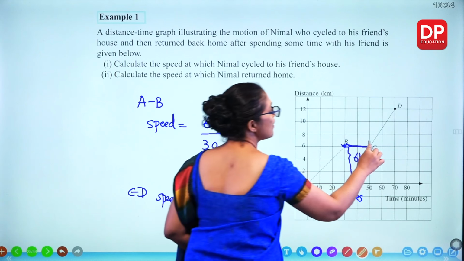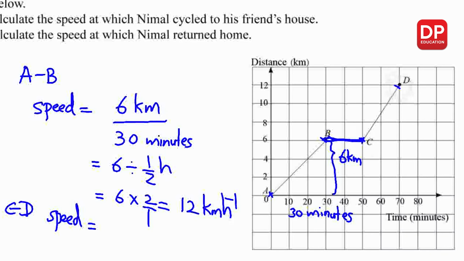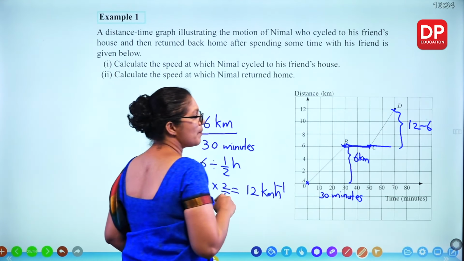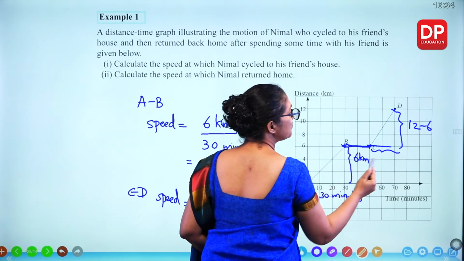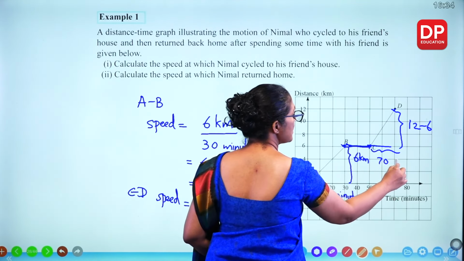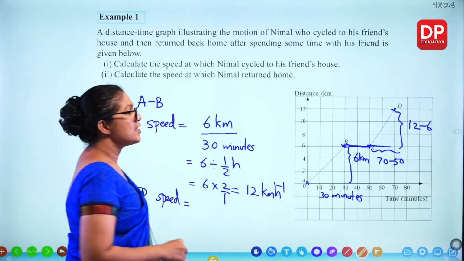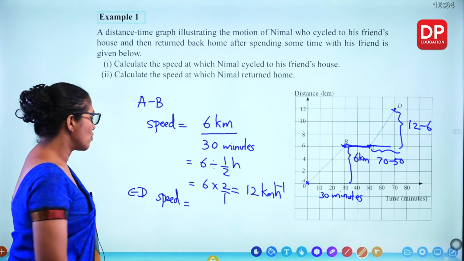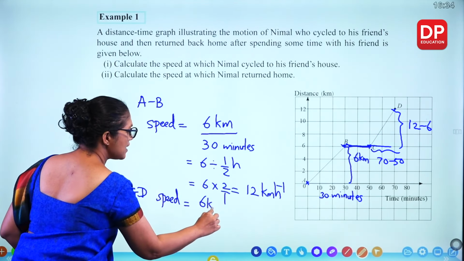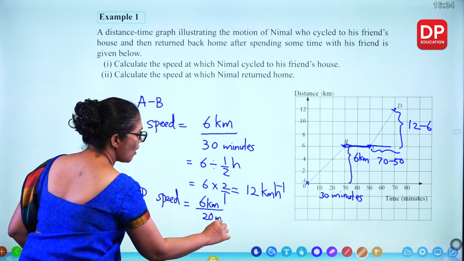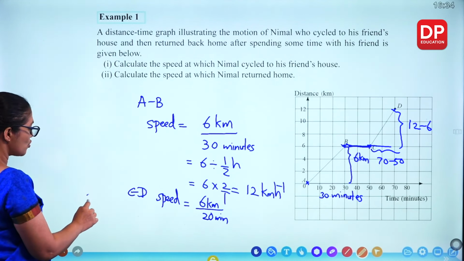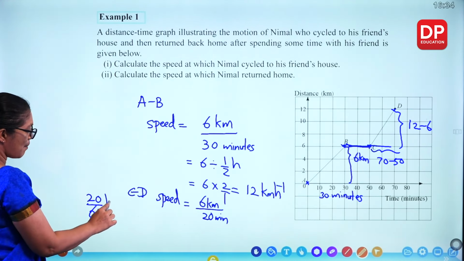Here you can look at this graph. So point C to D, what's the distance traveled again? 12 minus 6. That means 6 kilometers. And how many minutes? 70 minus 50. So within 20 minutes, he traveled 6 kilometers. So what's the speed? 6 kilometers within 20 minutes. Now we can't use 20 minutes, so convert to hours. 20 divided by 60 is the number of hours.